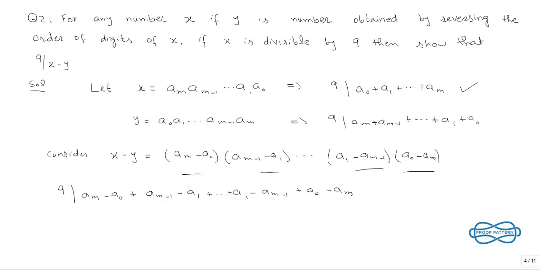If we see, every a_i is appearing two times, once with a positive sign and once with a negative sign, and this means 9 divides 0. So the sum of the digits of this integer is divisible by 9. Then by the divisibility test, this integer is also divisible by 9, and that is what we want to prove.